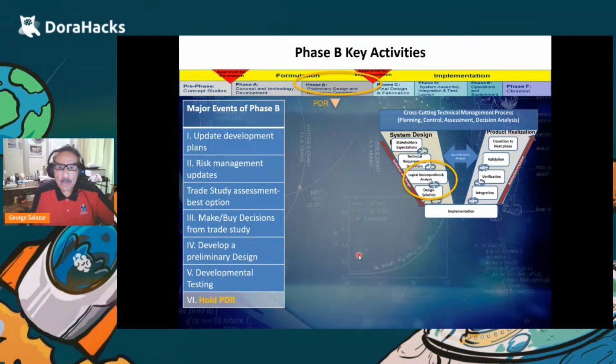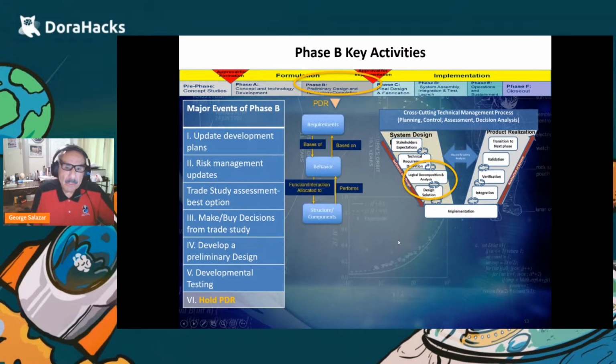And there to the right, you see the phases in the definition and composition of the systems engineering engine associated with PDR, logical decomposition architectures, and these architectures are pretty much the option A, option B, option C architectures, and the design solution that you come up with.